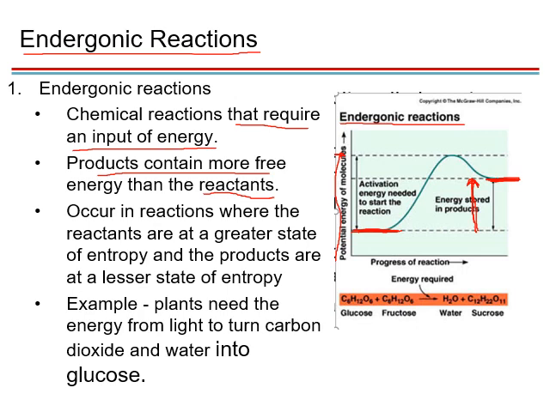This doesn't just appear, we have to put it in to get to a higher usable free energy in the products. So this is going to be when we're making ATP. The making of ATP is going to be an endergonic reaction.